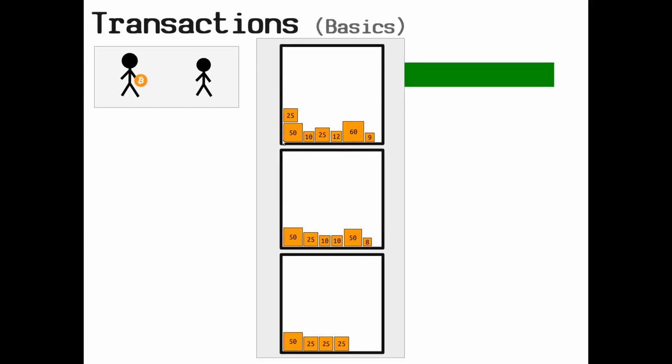Each of these little orange boxes here represents an individual batch of Bitcoins, and each of those batches has a lock on them. That's how people can own Bitcoins, because a lock is placed on them so that only the people who can unlock them will be able to spend them and send them to someone else.